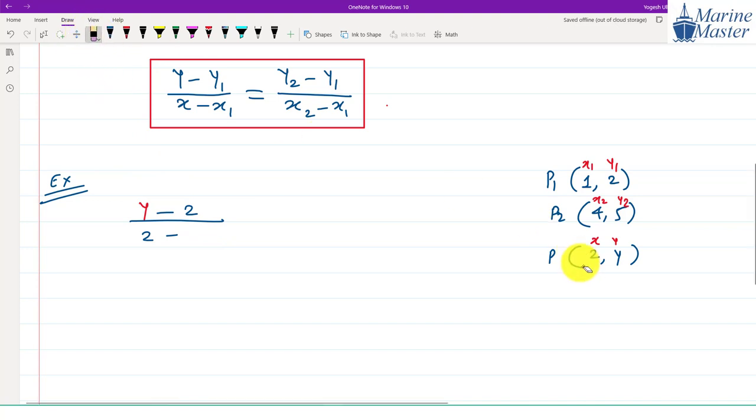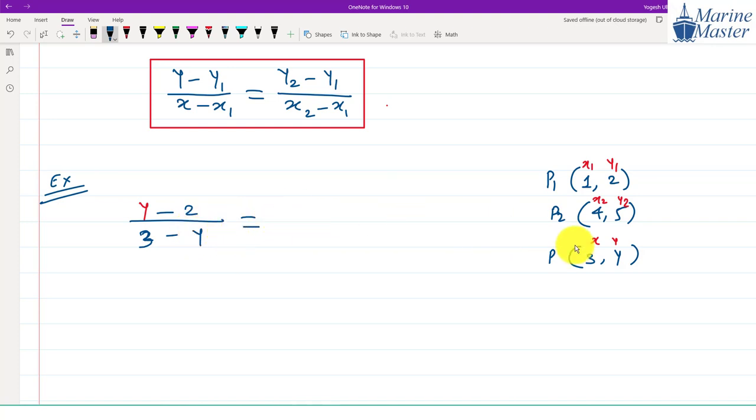I will take it as a 3, guys. Just imagine that I am taking it as a 3, and then corresponding. So here 3 minus y. Check it, guys.